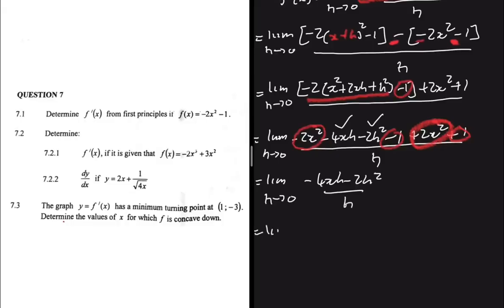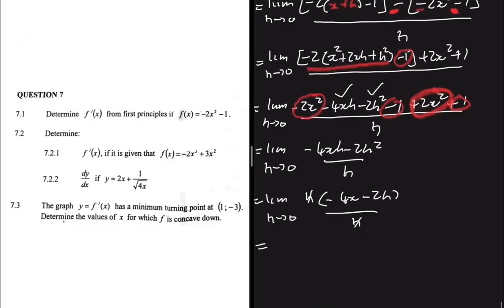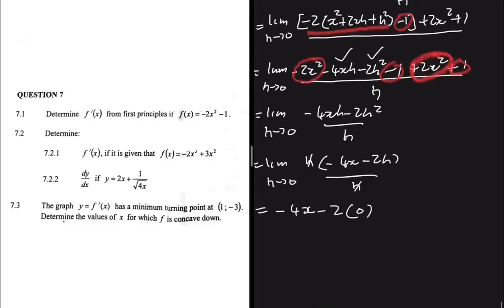So let's take h as a common factor in the numerator. If we do that, we're going to have h multiplied by minus 4x minus 2h, divided by h. h and h cancel out. Now we have minus 4x minus 2h, h is tending to 0, right? So this is just minus 4x.